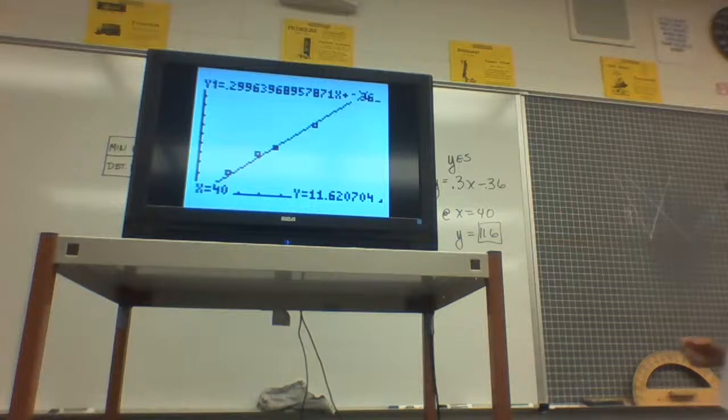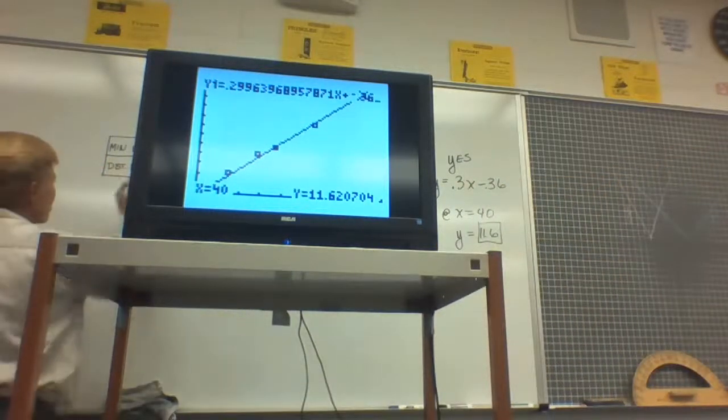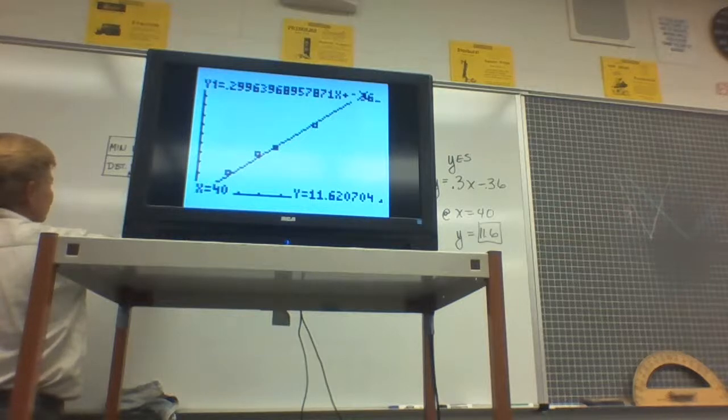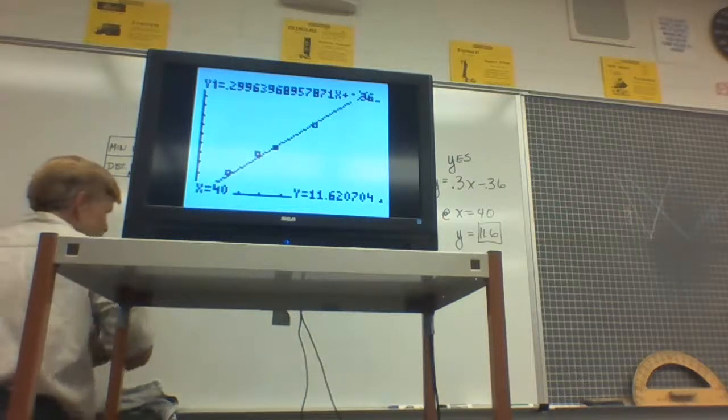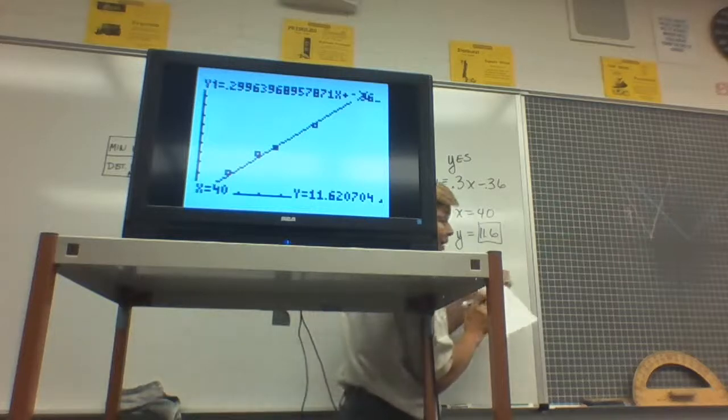So in the actual test, this graph will say distance from home in miles, maybe, or something like that. And your explanation would be this. You have to write it out. That's the reason why there's 3 lines.